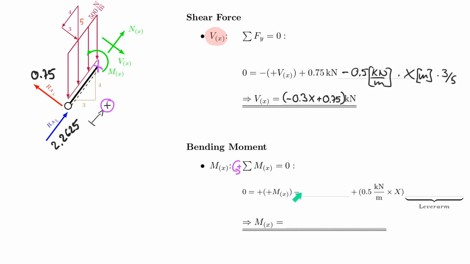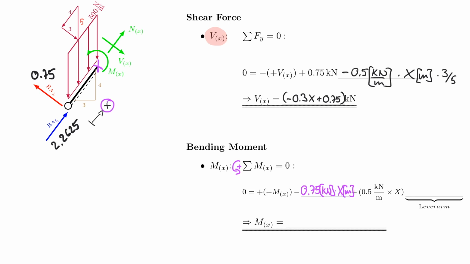And now I have the 0.75 here that is turning about this point. So the perpendicular force here, this is times x. So I need that to be 0.75 kilonewton times x meters.